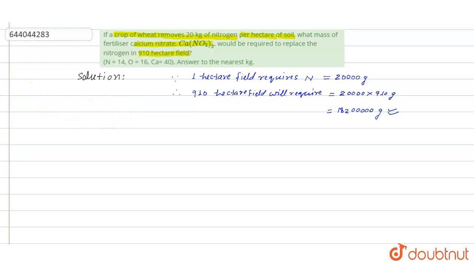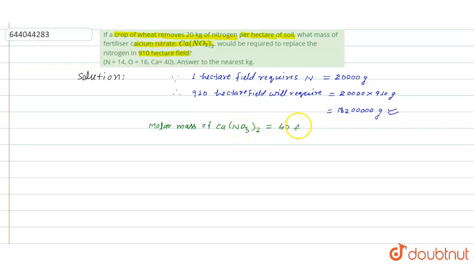Now, the molar mass of calcium nitrate, Ca(NO3) whole twice. 1 mole calcium means 40 gram.